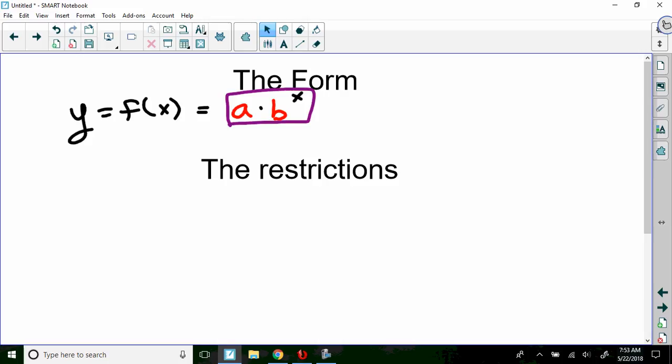I don't want to say what a could be or couldn't be, or what b could be or couldn't be. The restrictions are really important, and I think on the first quiz over this on Tuesday, I might actually ask you what are the restrictions on the variables. If not on that quiz, definitely on the last test that we have over this material.